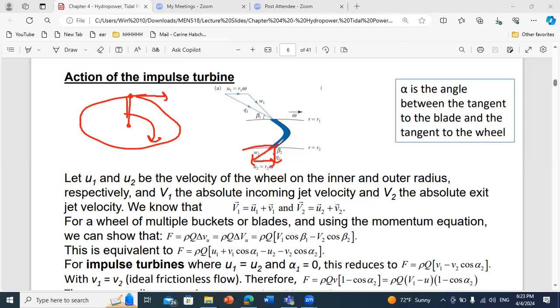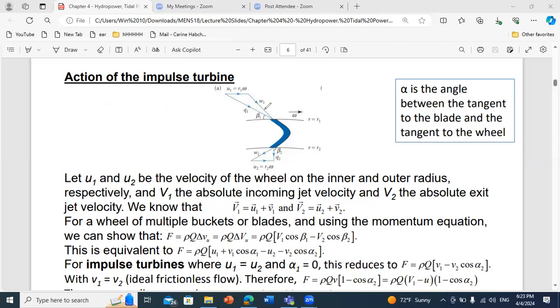This is the radius of your wheel, and this is your blade. The inclination of the blade will help orient your water, and the relative velocity of water with respect to the wheel is imposed by the shape of the blade.